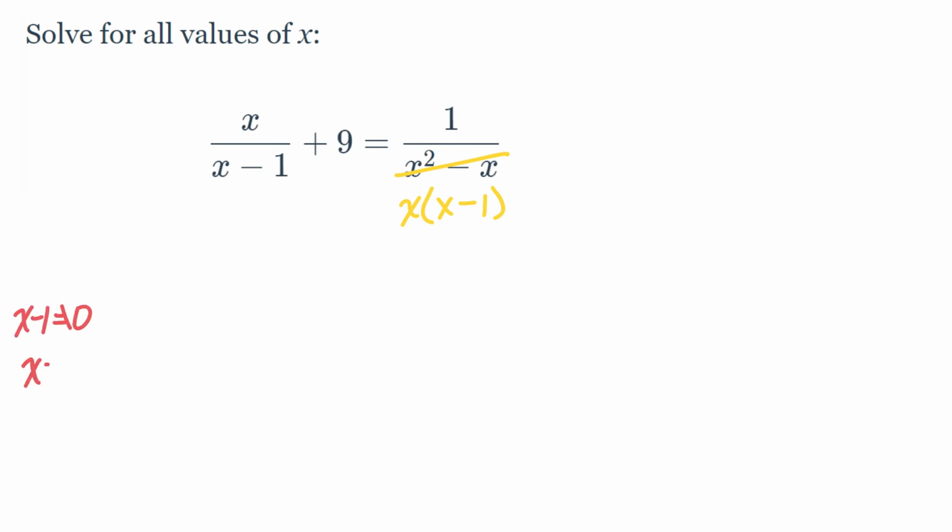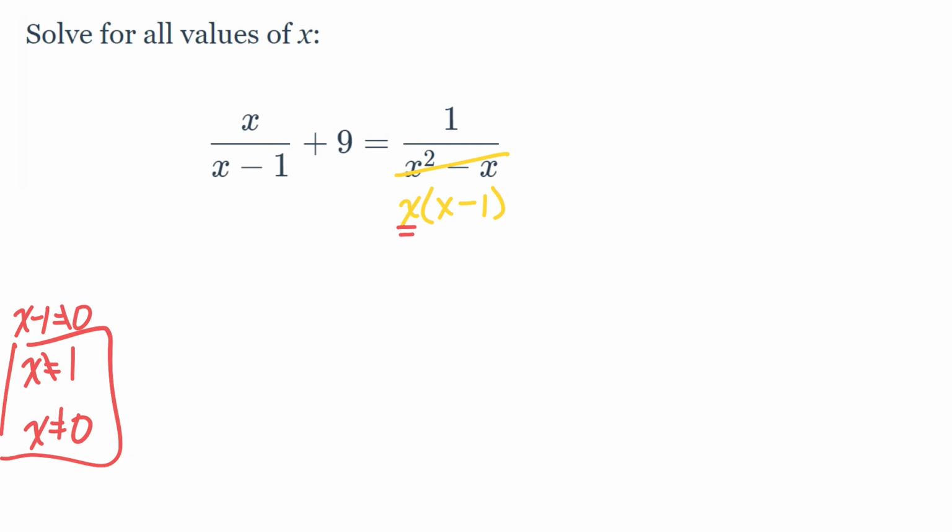It would be if x were equal to 1. So we will reject any x minus 1s. It's an excluded value. So not only will we reject it, we can't even put that one in. And then the other one would be x equal to 0. So we have two excluded values on this one, 1 and 0.